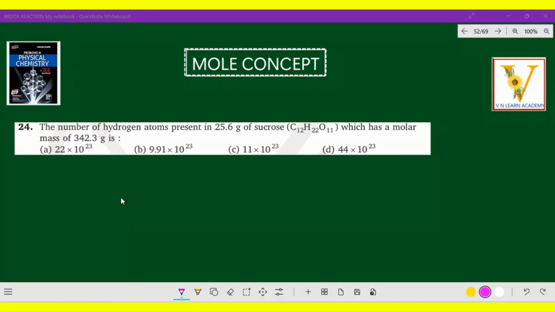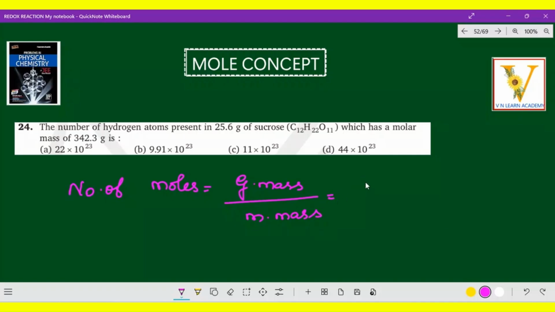The mass is given, so directly we can go for the number of moles, which equals given mass by molar mass. Here the given mass is 25.6 grams and the molar mass is 342.3 gram per mole.